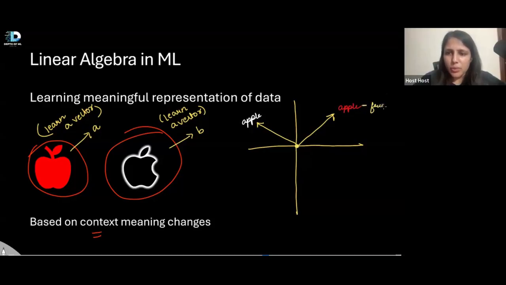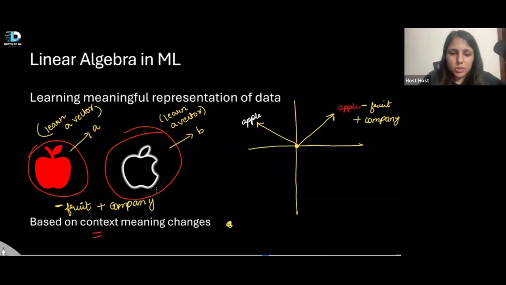I want to subtract fruit and add a representation of company, which I might have learned through some process that I have done. Then it should give me this. So this red apple minus the representation of the fruit, plus the representation of a company should give me this apple. So to do all this, I will actually use linear algebra.